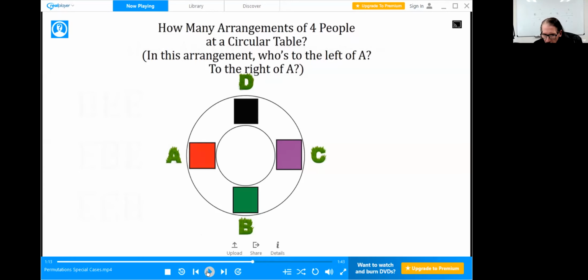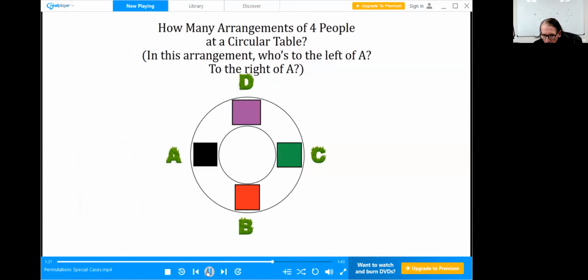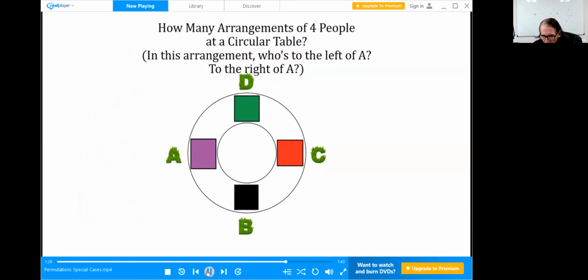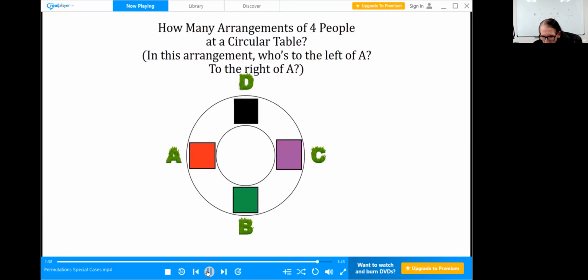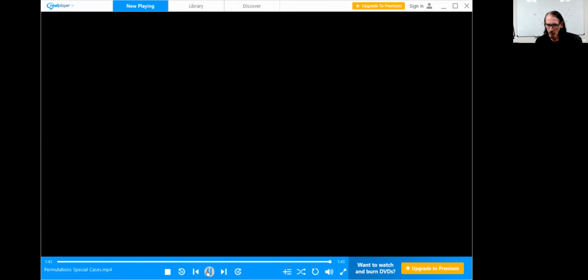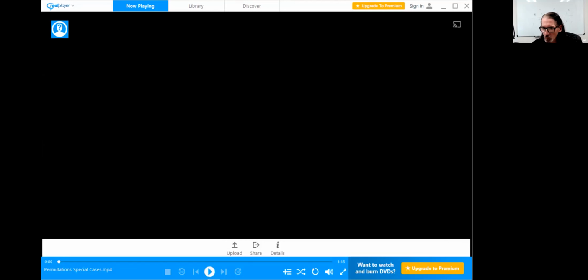And again, I'm asking the question of who's left of A, who's right of A, who's straight across. And you should see 6 different arrangements of those colors. Anything else, you'd be rotating the people, in this case by 90 degrees.